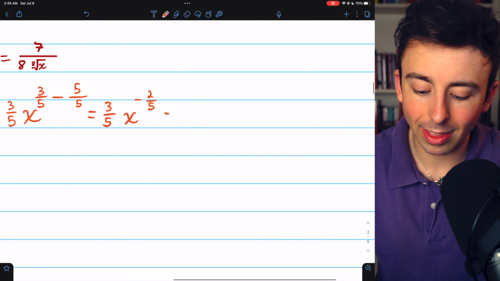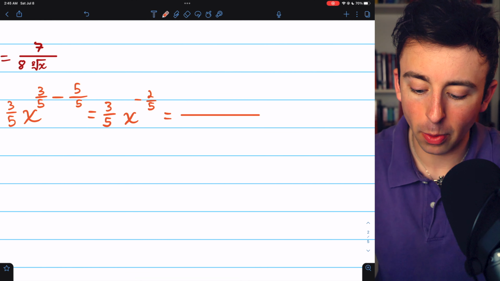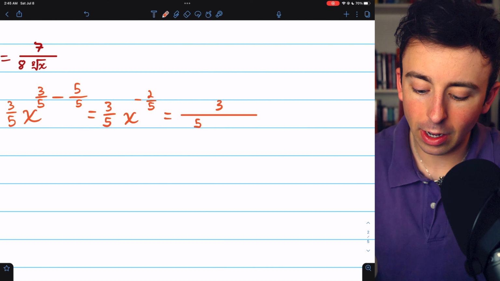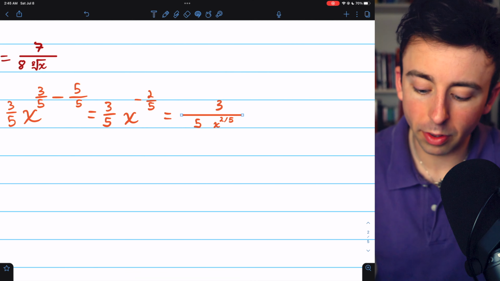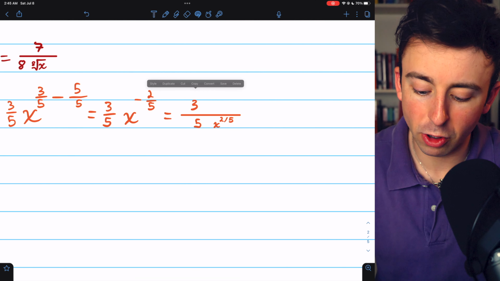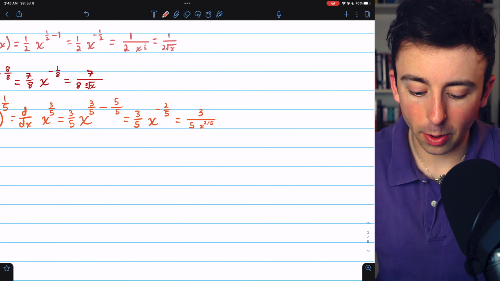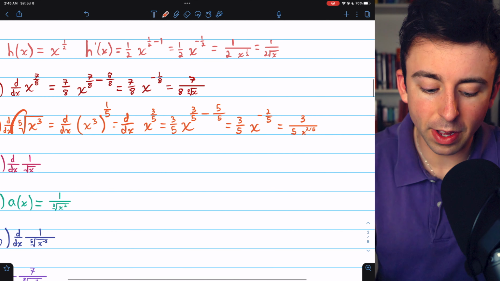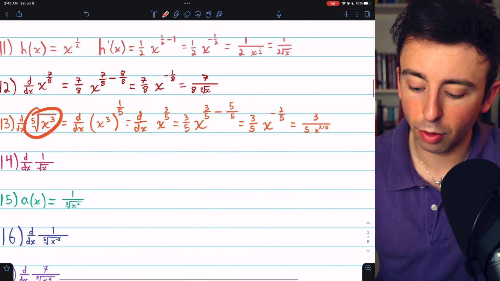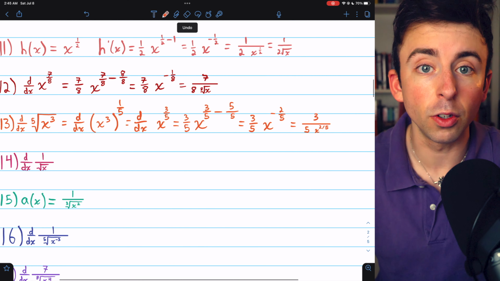Then we can rewrite this to get rid of the negative exponent. We have a 3 in the numerator, 5 in the denominator, with an x to the power of what's now positive 2/5. I was a little overzealous with that fraction bar. Let me shrink this down a little bit. And there you go. That's the derivative of the 5th root of x cubed, 3 over 5x to the 2/5.